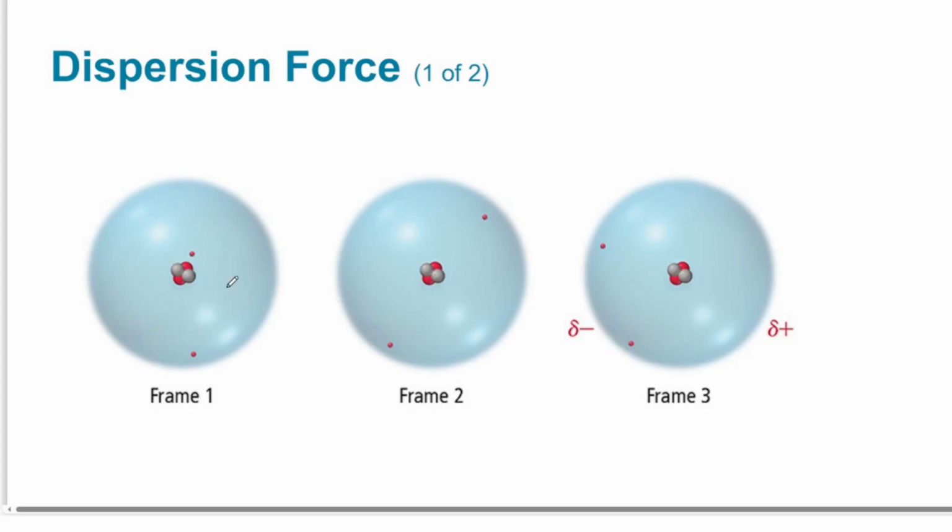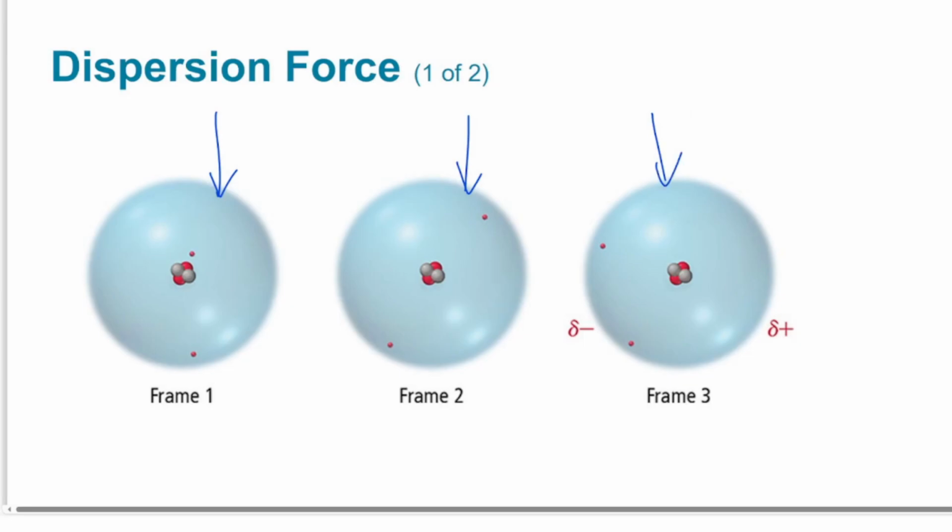Here we have atoms represented with their electrons orbiting the atoms, and at one instant in time the electrons may have this configuration, at another instant they may have this configuration, and at another instant they may have this configuration.